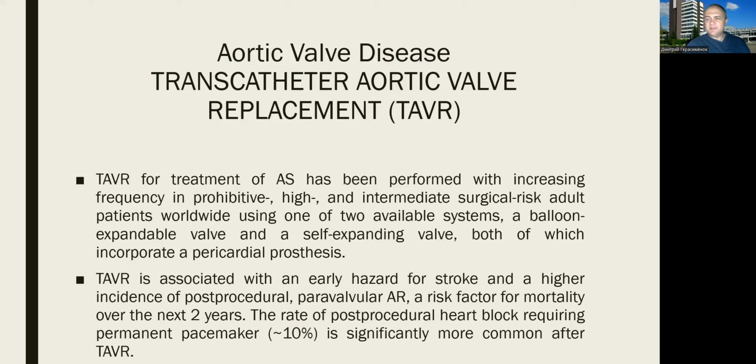TAVR is associated with an early hazard for stroke and a higher incidence of post-procedural paravalvular aortic regurgitation, a risk factor for mortality over the next 2 years. The rate of post-procedural heart block requiring permanent pacemaker is about 10%, significantly more common after TAVR.